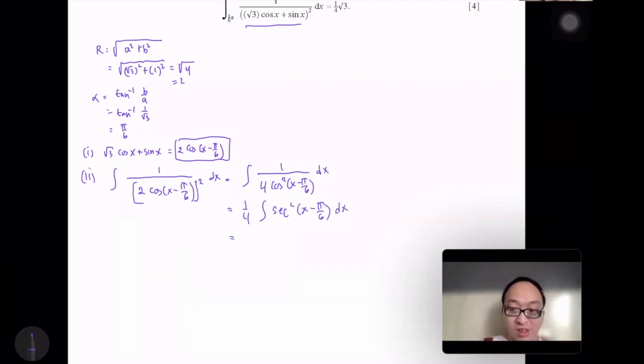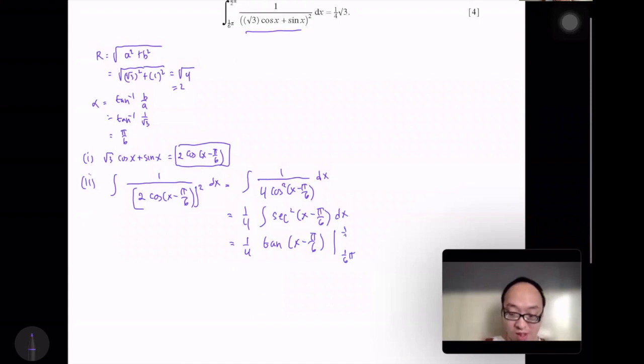The integral of secant square is tangent of x minus pi over 6. Now we can put the boundaries here, 1 over 6 pi until 1 over 2 pi.